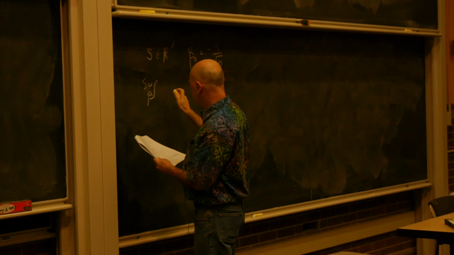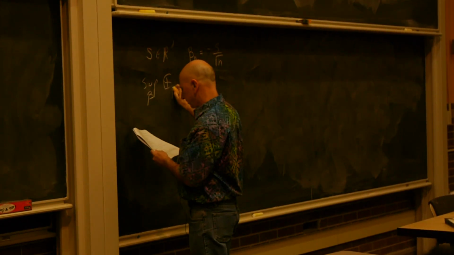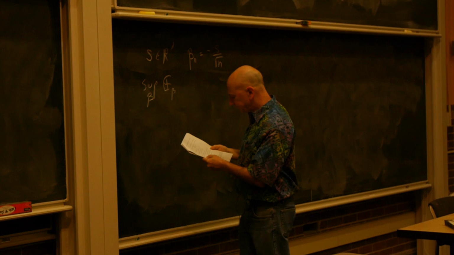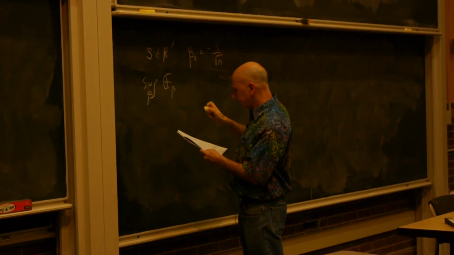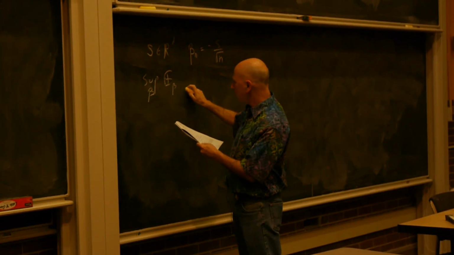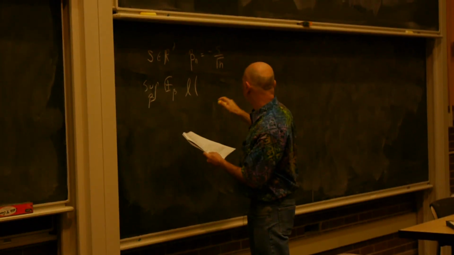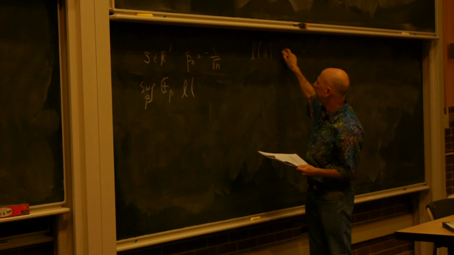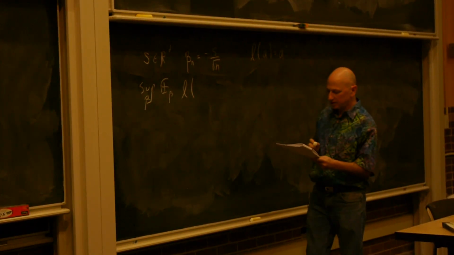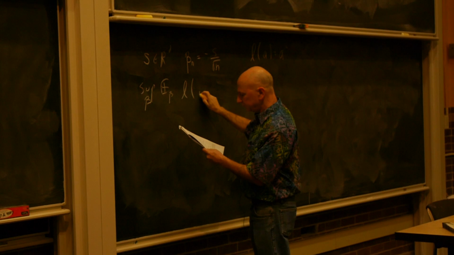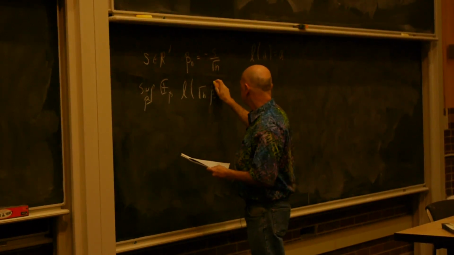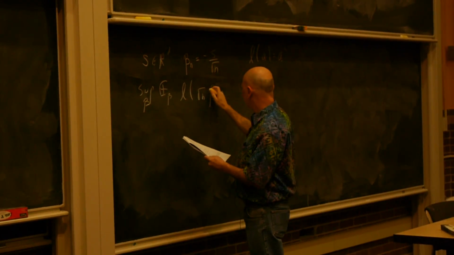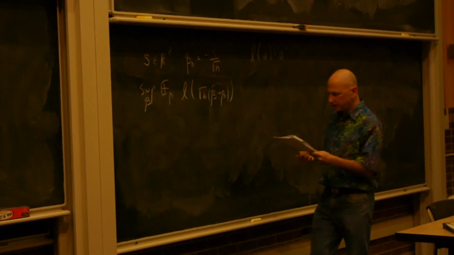Now watch what happens when I compute the maximum risk. The sup over all beta of the expected value under beta of the loss. I wrote this for a general loss function, but what we usually use is squared error loss. So there's our maximum risk.